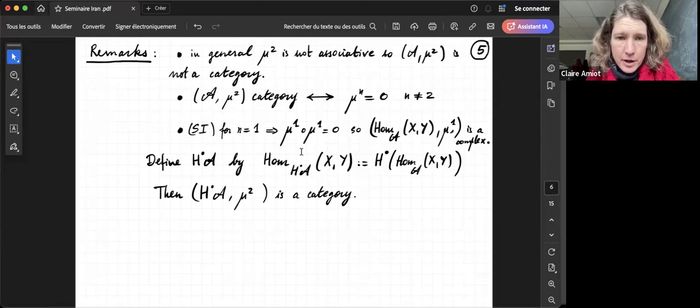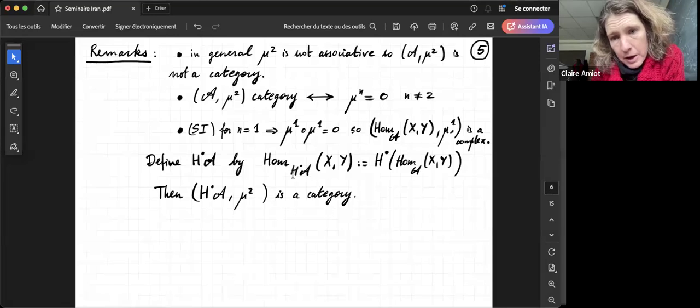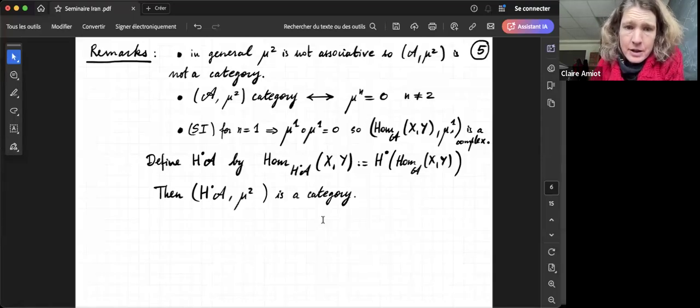And since it is a complex, we can compute the homology of the complex, and we can define H of A, the cohomology of this A infinity category. The definition is that you take the same objects, and as a space of morphisms in HA between two objects X and Y, you take the homology of this complex XY in A. And then this is a category, this HA with mu2.